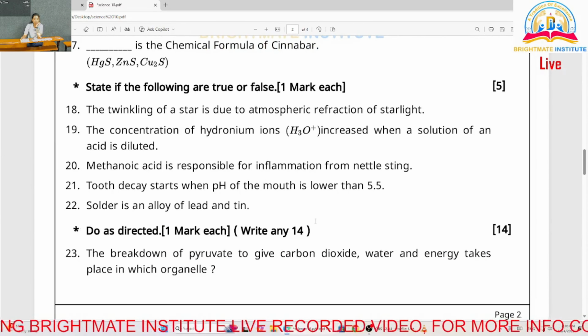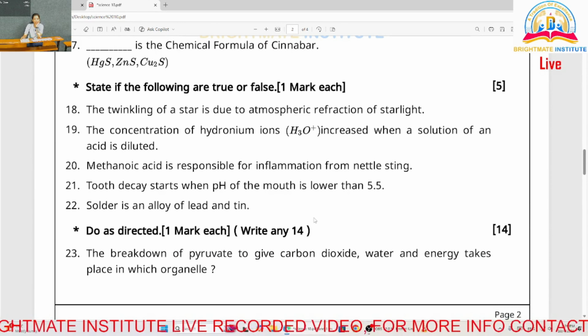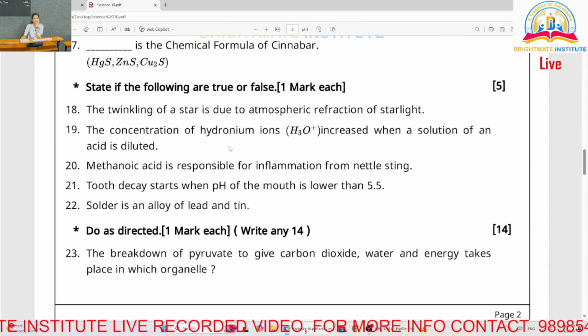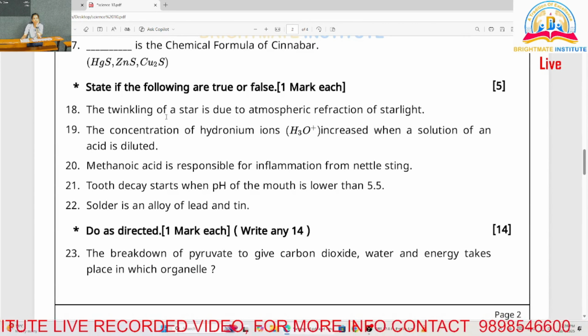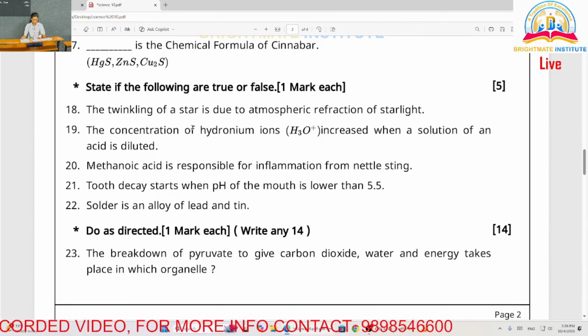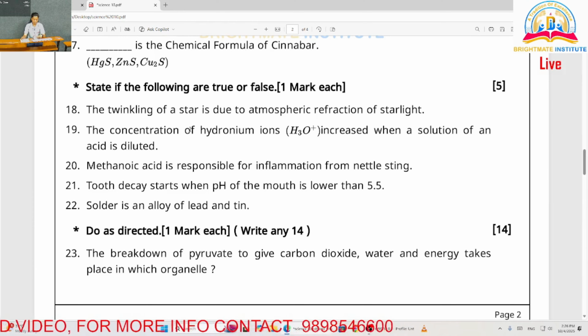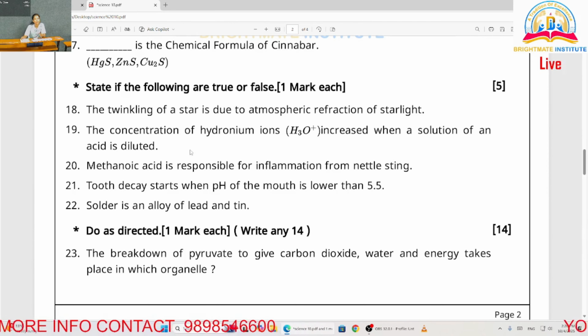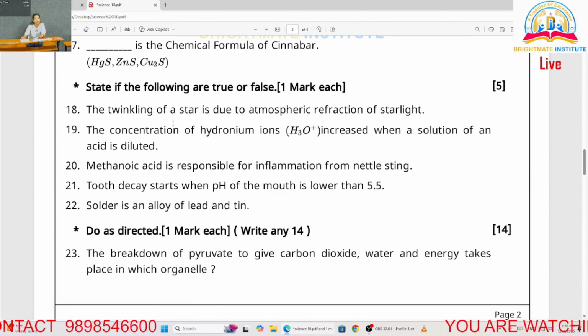Now true or false: state if the following are true or false, which is again asked for 1 mark. The twinkling of stars is due to atmospheric refraction of starlight. As we have seen in one of the MCQs, atmospheric refraction is responsible for the twinkling of stars, so the statement is true.